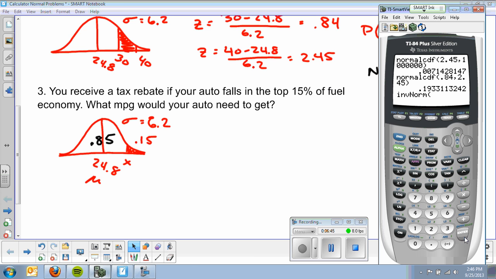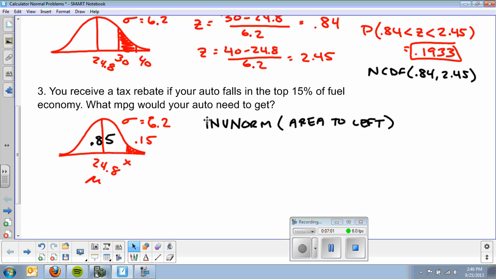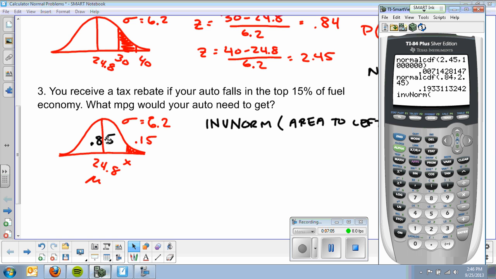Inverse normal. Now, how I enter into the inverse normal function is I'm just going to type in the area to the left. And I think this is the most efficient use of the calculator for doing reverse problems. So I'm just going to type in this 0.85.